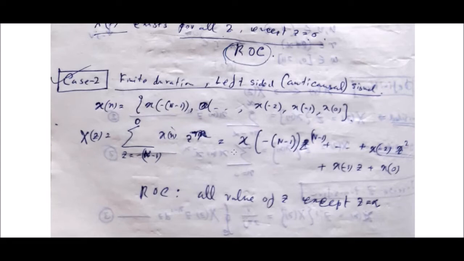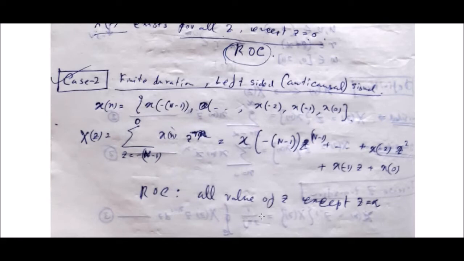And look at this z transformation, all the z values are having positive indexes. So this particular z transformation will exist only when this value will be finite, that means only when z is not equal to infinity. For all other z values this will exist.